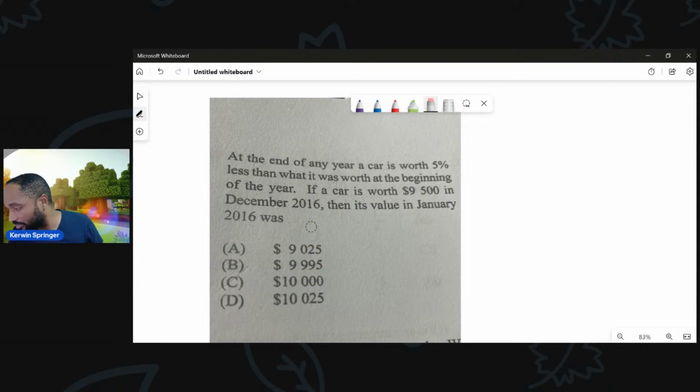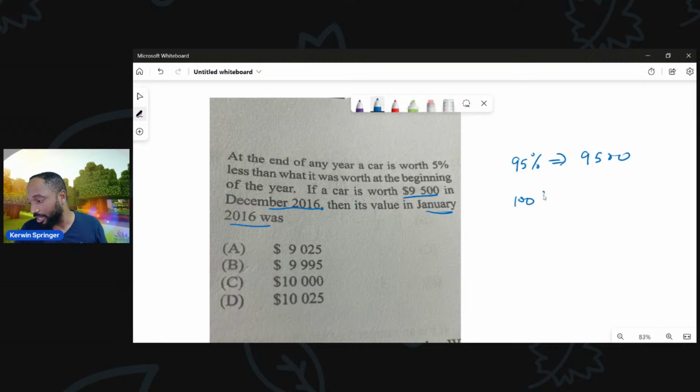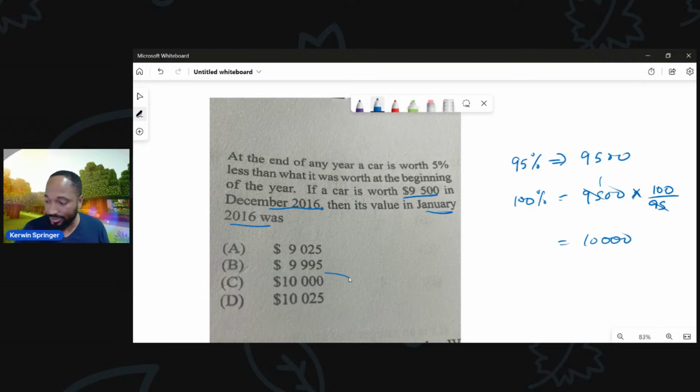I lost my bearings here. My spidey sense was tingling: the car is worth this amount in December, then what is its value in January? They are hitting the reversals. So it is actually worth 95% in December. 95% is represented by 9,500. They want to find out the original, which is 100%. So I do the reciprocal: 95% stands for 9,500, so 100 over 95. So when I do this, 9,500 times 100 over 95 is 10,000. The answer is C.